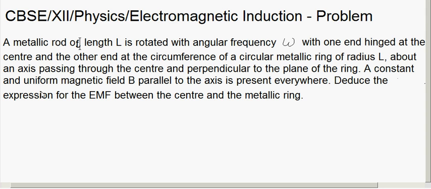A constant and uniform magnetic field B parallel to the axis is present everywhere. Deduce the expression for the EMF between the center and the metallic ring. So first let us try to find out what are the given quantities.